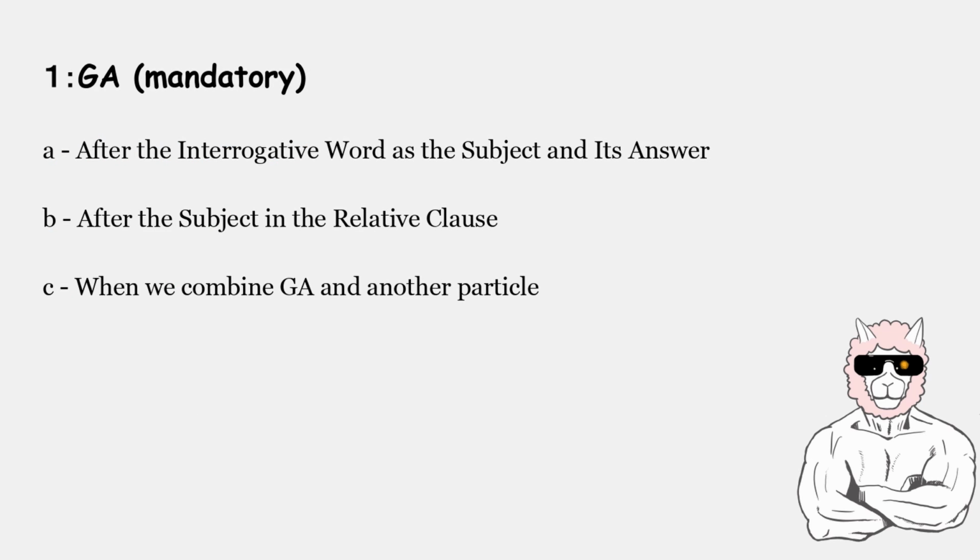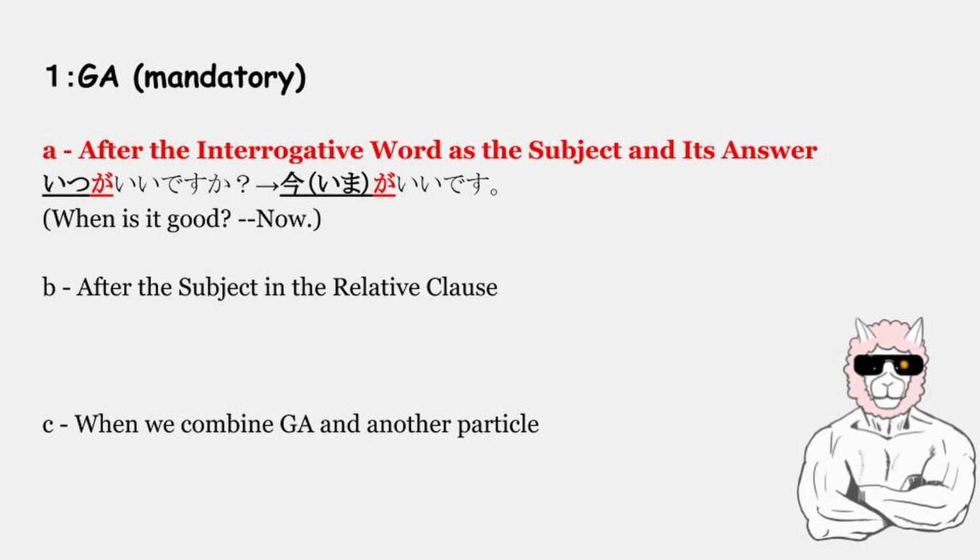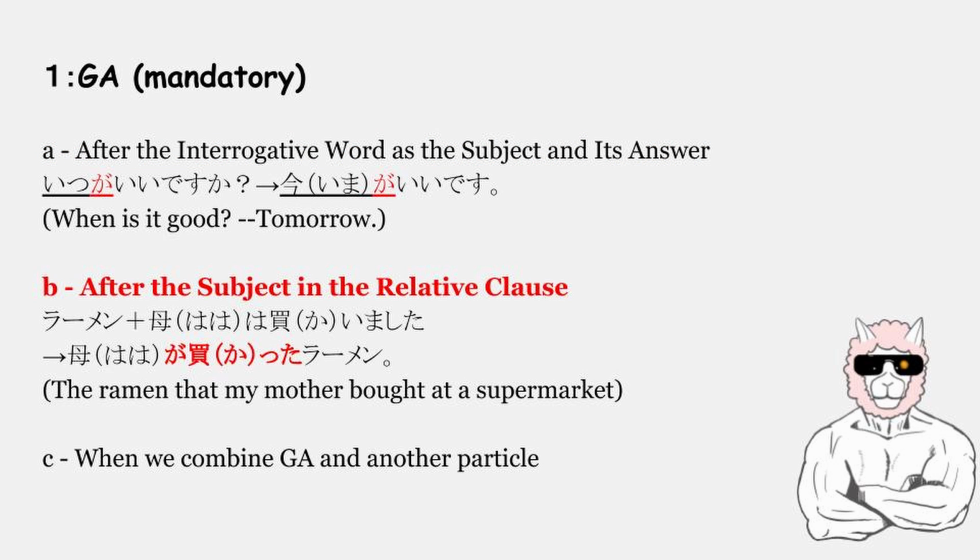So we have seen 3 conditions for the mandatory が. Firstly, it's about が after the interrogative word as a subject and its answer. So, for example, いつがいいですか? 今がいいです。Secondly, after the subject in the relative clause.